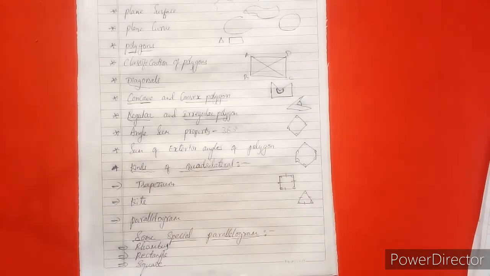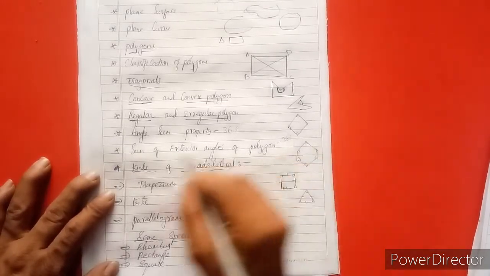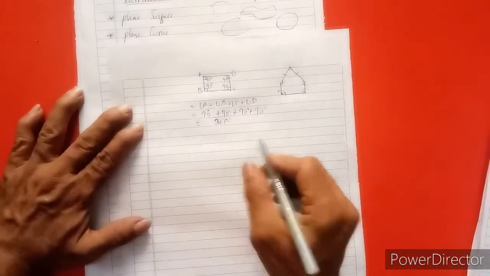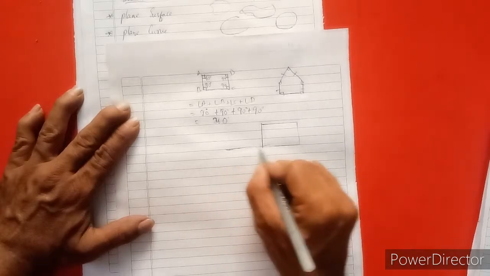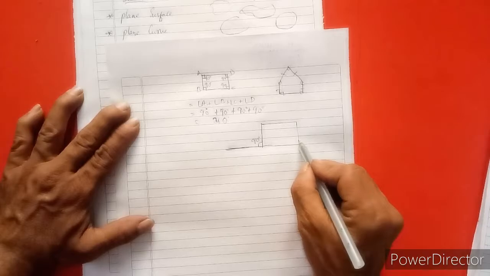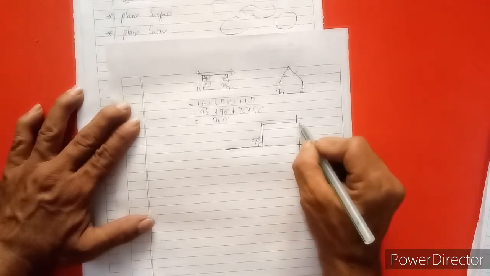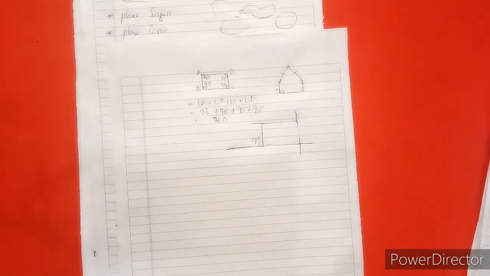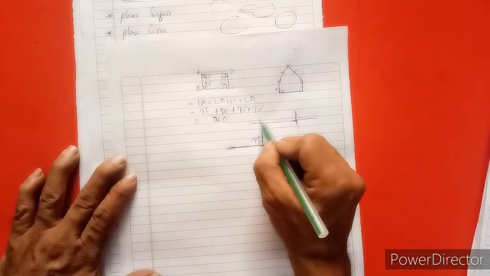Next one is the sum of exterior angles of a polygon. Exterior angles means, for example, if you see here, this is a rectangle. I will draw one exterior angle. Assume this angle is 90 degrees. If four sides are given, there is one exterior angle here, here, and here.